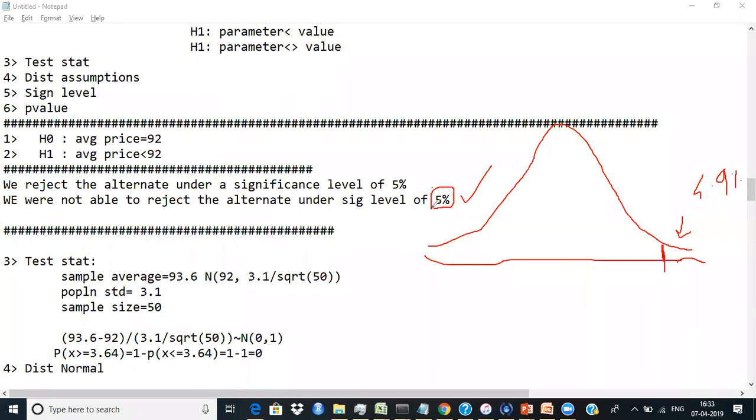The only place that area to the right will be zero is infinity, which you will never have. So area to the right will always be greater than zero. It might be very small, but greater than zero. Okay, now do you understand this technical thing, right? So you will say either you reject the alternate or you were not able to reject. Yes.